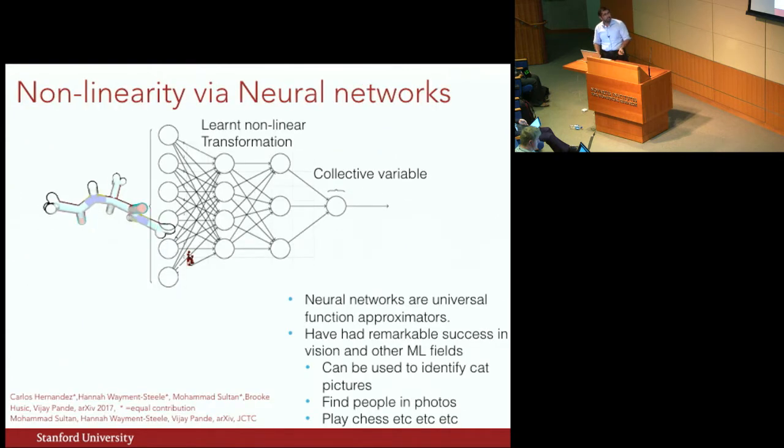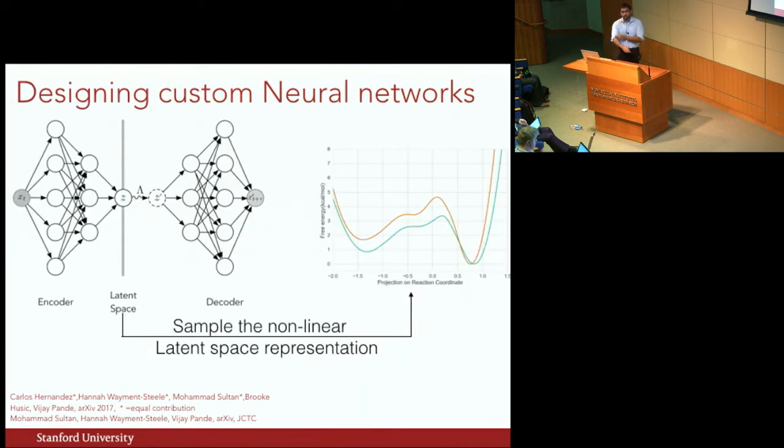And so we also extended this to neural networks, where we were like, okay, if we want nonlinearity, we should be able to take some simulation data and push it through some kind of nonlinear transformation. So why can't we just do a neural network, right? I mean, they can be used for pretty much everything nowadays. And so what we came up with was an architecture that's similar to an autoencoder, but it's time-lagged. So what you have is a protein coordinate.